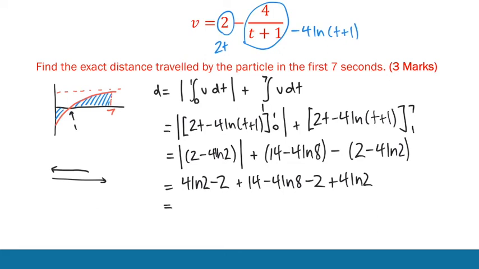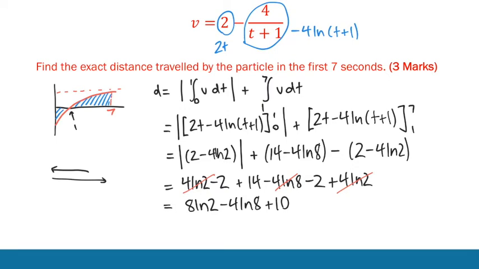Let's group like terms. We have 8 log 2 in total, minus 4 log 8. And then for the constants, we have 14 minus 4, so it's just plus 10.